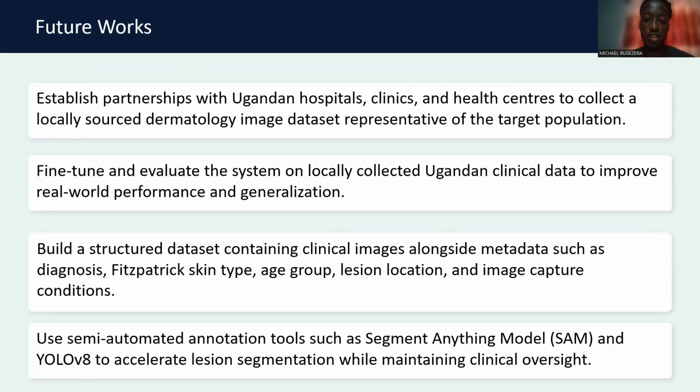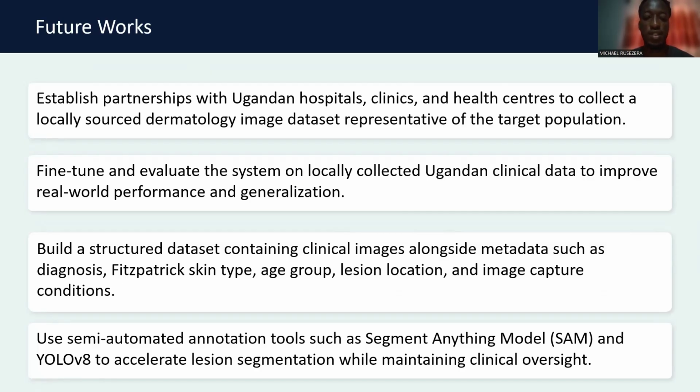And we also intend to use semi-automated annotation approaches like the Segment Anything Model or YOLOv8 to accelerate lesion segmentation while also maintaining our clinical oversight. Finally, we plan to establish collaborations with Ugandan hospitals, clinics, and health centers to collect a representative local dermatology dataset as one of our goals. Yeah, we want to curate it and then come up with the dataset.